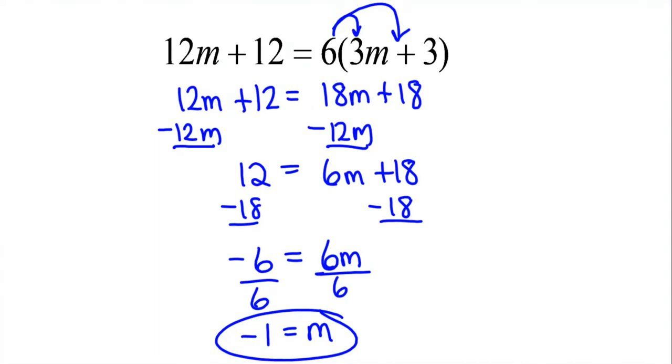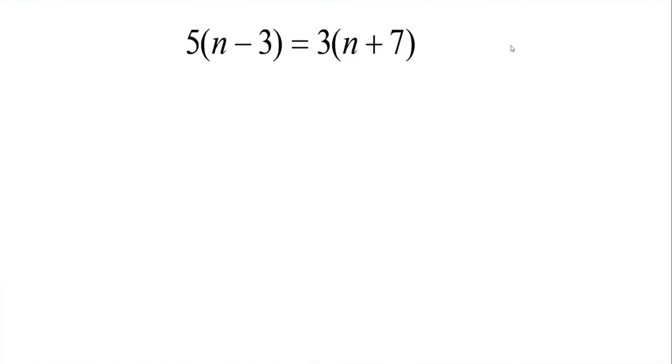So really we're employing all of the skills that we've learned into one more complex equation. So just take it one step at a time and keep chiseling that thing down towards the solution. Here again, we've got variables on both sides and we've got parentheses on both sides. So again, I'm going to use the distributive property to get rid of these parentheses so I can start working with my terms.